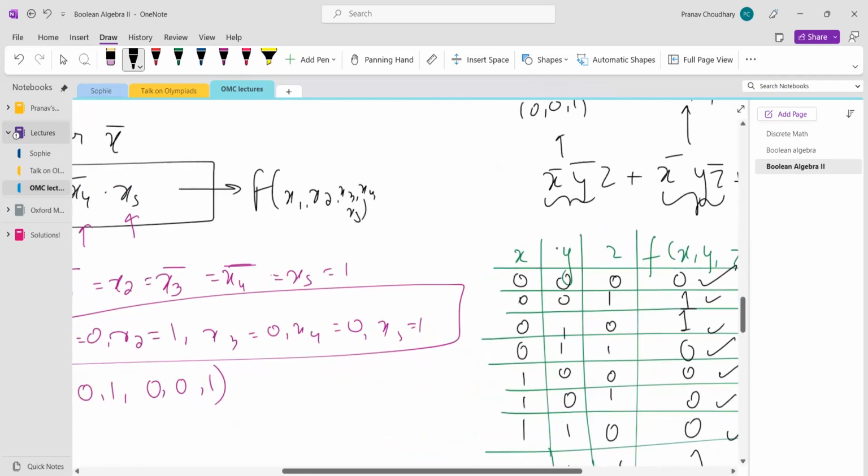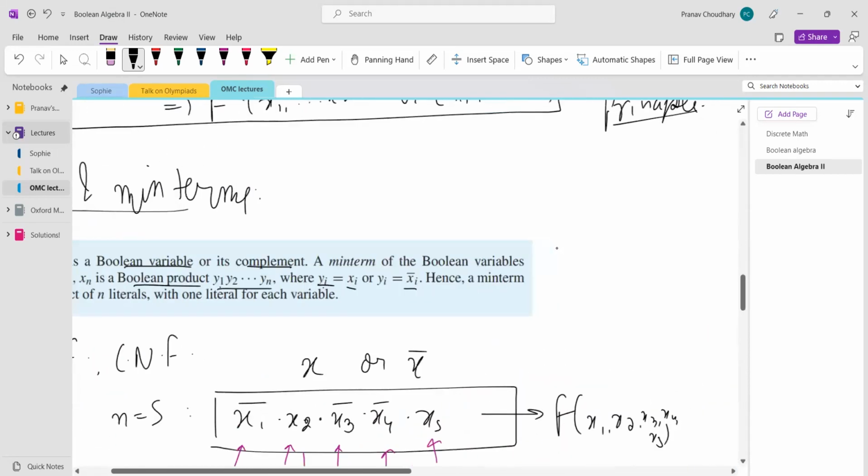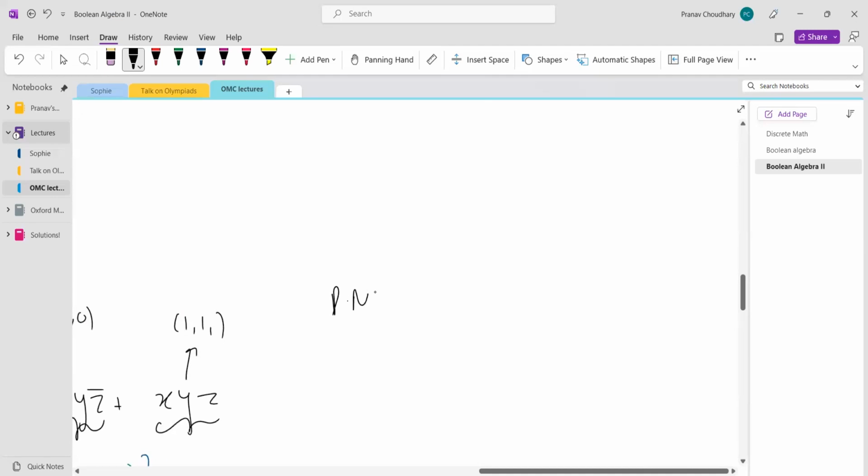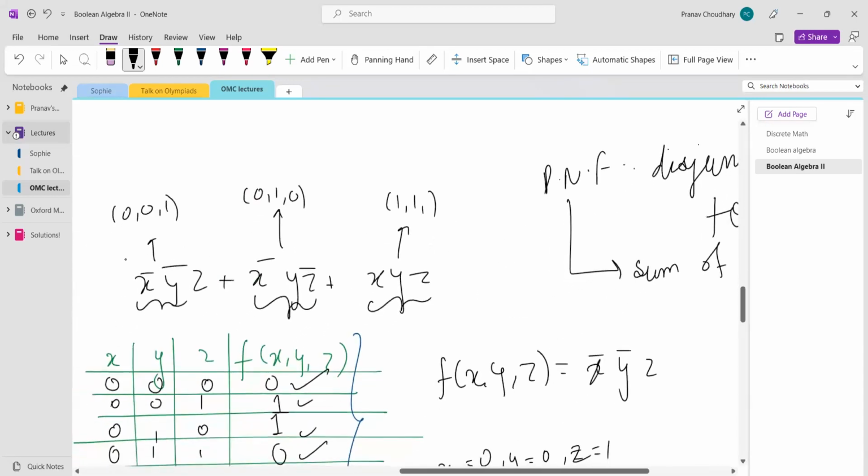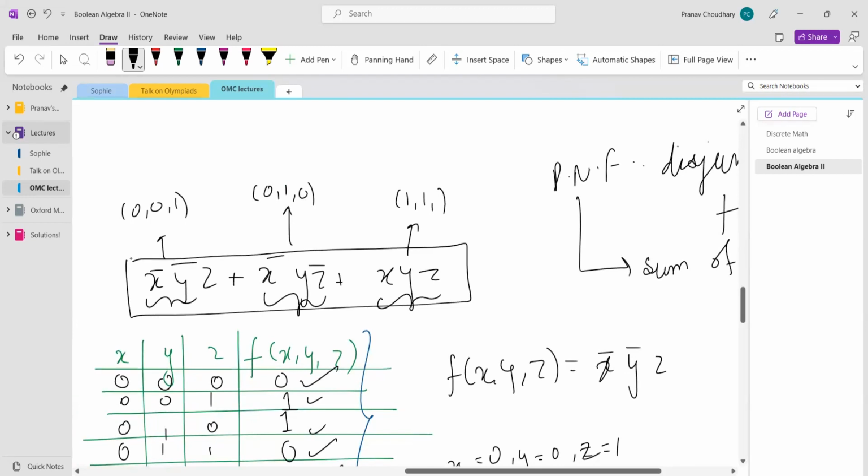So once we write a function like this, it is called DNF, disjunctive normal form. This is basically when a function is written as a sum of minterms. So the function f here is clearly in disjunctive normal form, right?